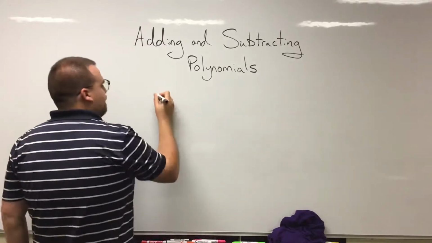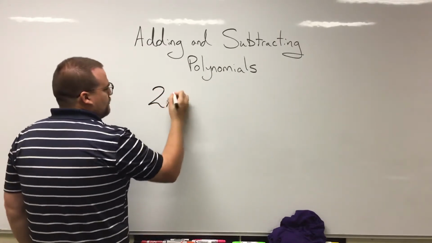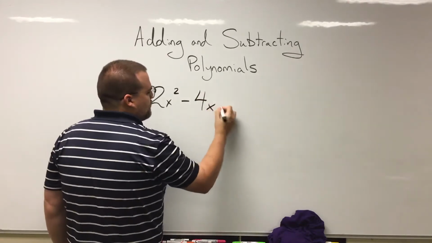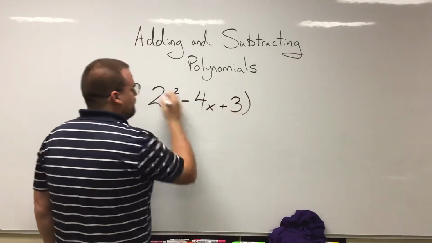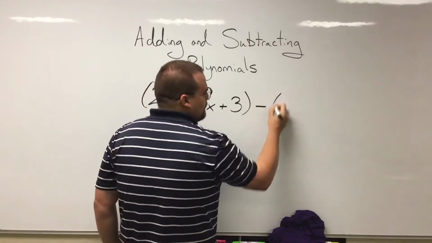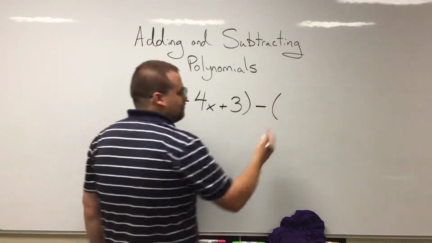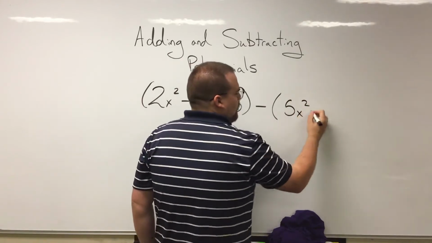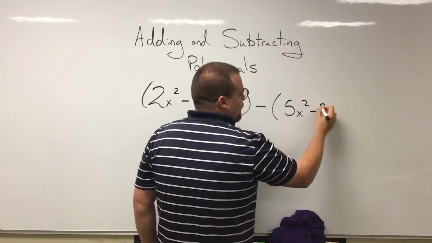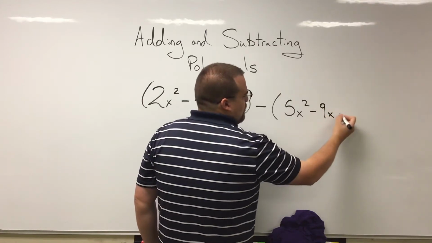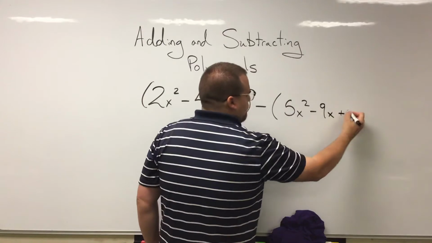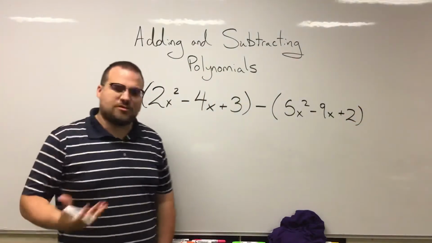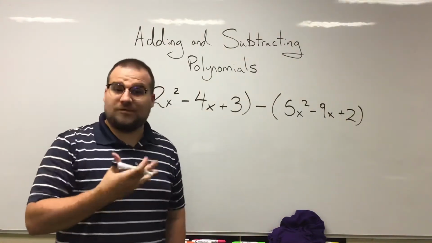Let's say 2x squared minus 4x plus 3 minus, I don't know, let's go with 5x squared minus 9x plus 2. Let's see what happens now when we subtract them, how this works differently maybe.